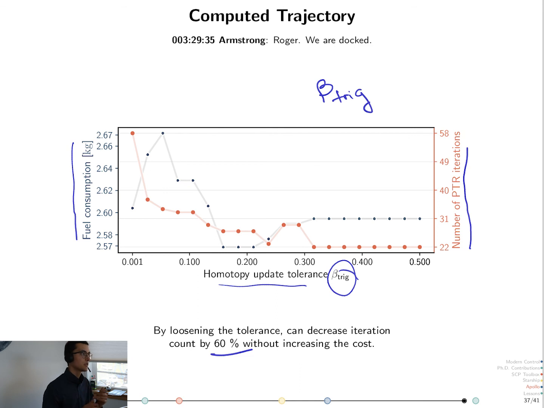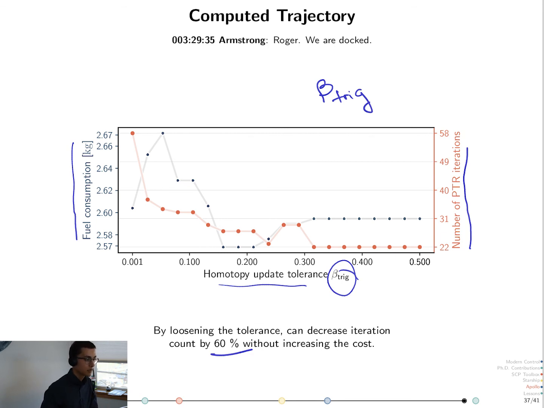You basically are looser and looser in terms of how optimal or locally optimal you want the algorithm to be before you update the homotopy value. So if beta trig is large, like if it's 1, then it means you tolerate really any cost at all, and you will update the homotopy value at the next iteration.